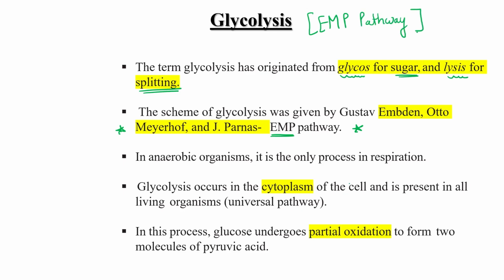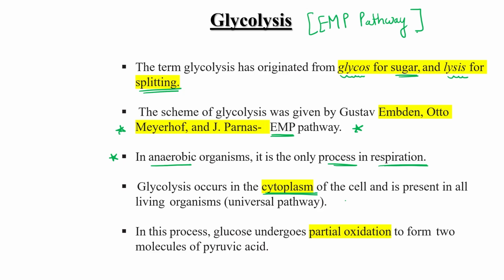EMP pathway, right? So in anaerobic organisms, this is the only process of respiration, because glycolysis doesn't need oxygen. This glycolysis occurs in the cytoplasm. In certain prokaryotic cells, the cell doesn't have membrane-bound organelles, meaning they don't have mitochondria.